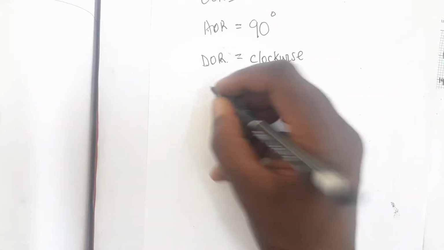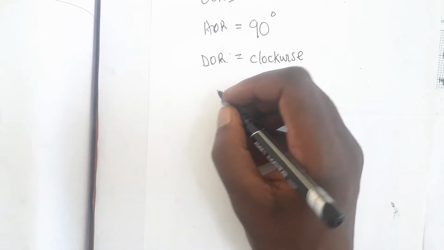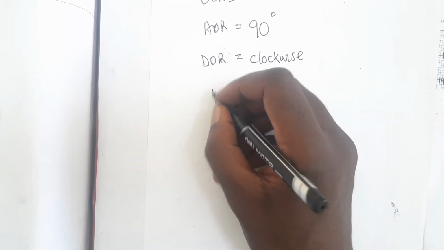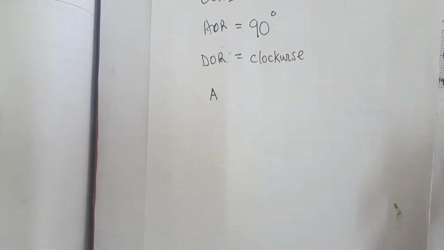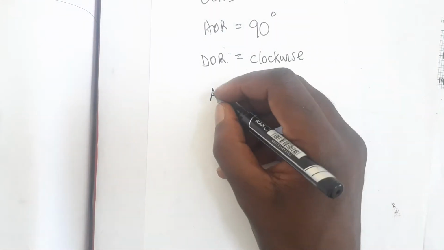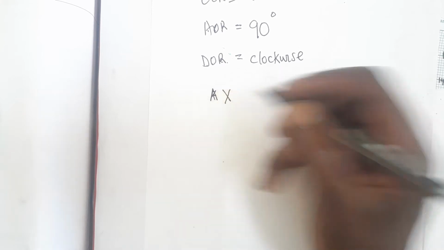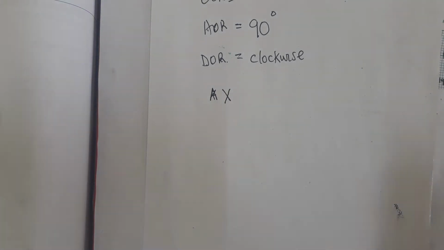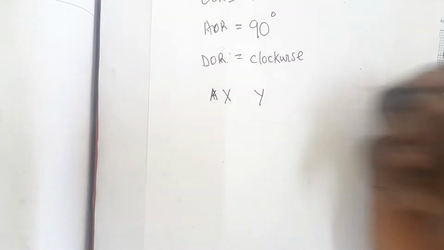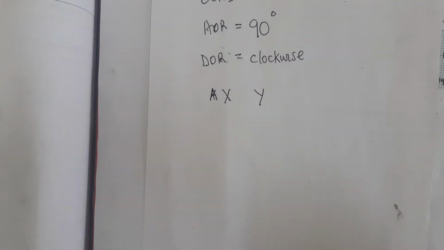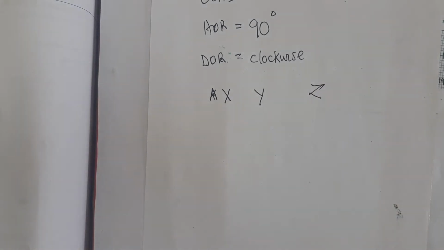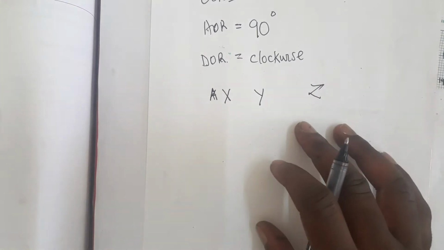The matrix that we want, for instance, we say the matrix that we want is matrix X. Then the matrix of the object is matrix Y. So we are going to have to come up with the 3 matrices.